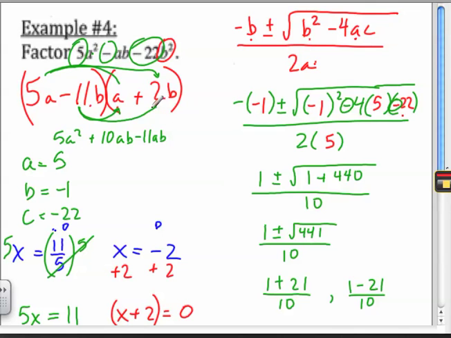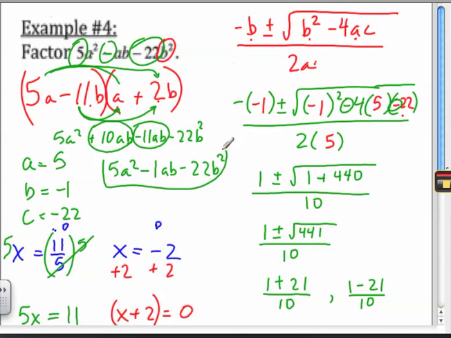And -11b times positive 2b is -22b squared. And when I combine my like terms right here in the middle, I'm going to get 5a squared minus 1ab. They didn't put the 1 there, they just said minus ab. And then minus 22b squared. So when we multiplied it out, we did get that.